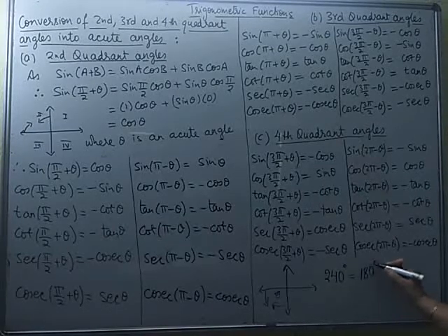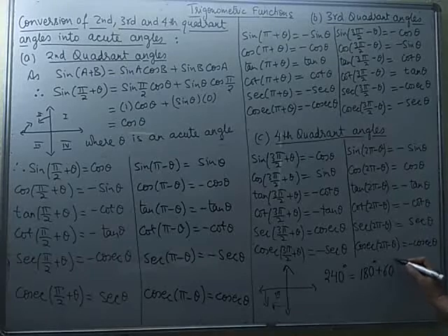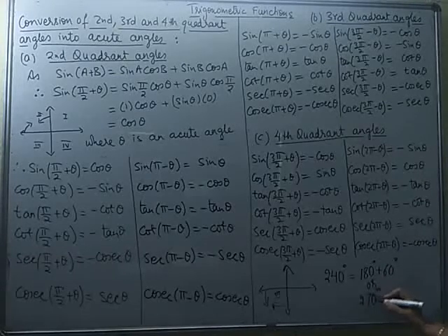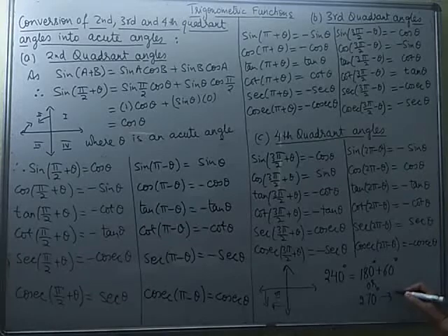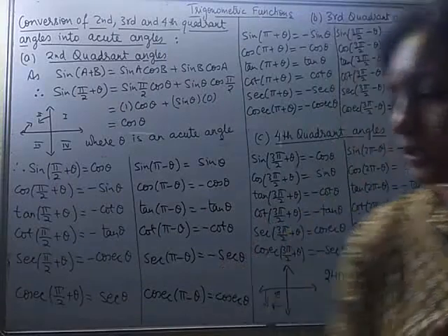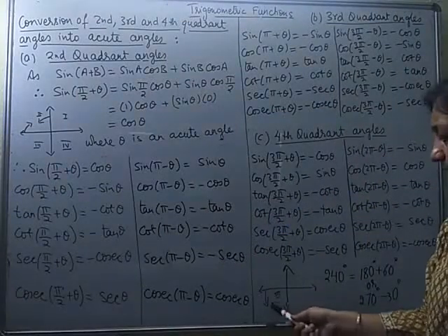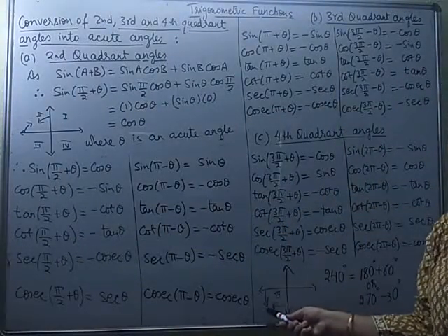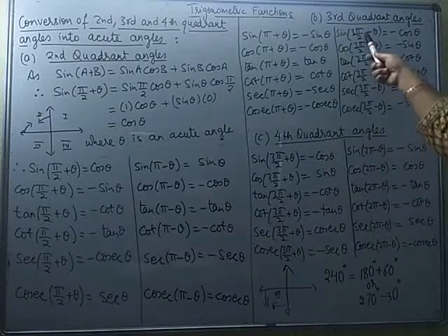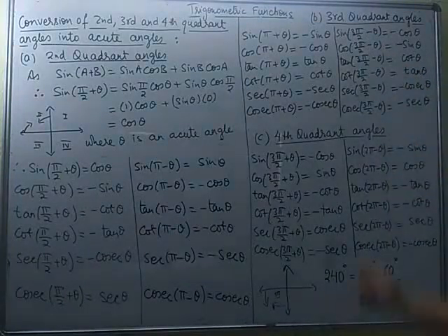You can write it as 180 plus 60, or you can write it as 270 minus 30. Can you see this? That is what I am applying. So this means 270 minus theta. This becomes 180 plus theta. So here we are writing 270 minus theta or 3 pi by 2 minus theta.